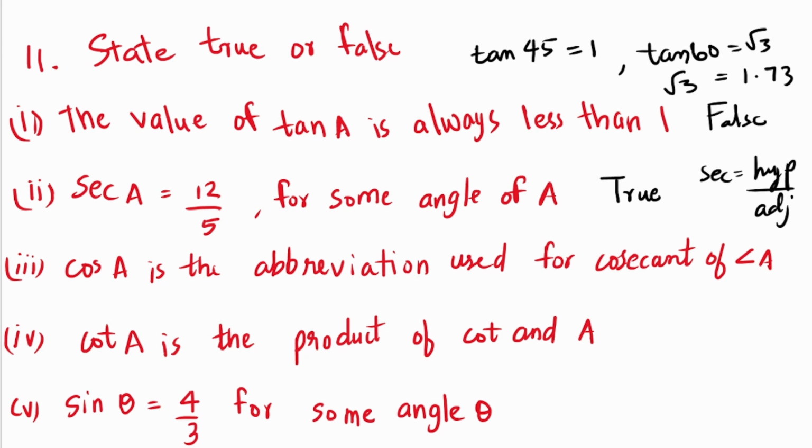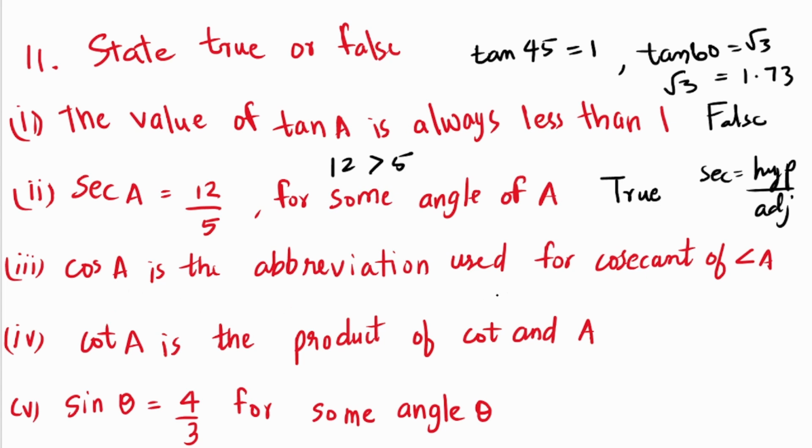So here 12 is greater than 5, so this has to be the hypotenuse. If it were given sec A equals 5 divided by 12, that would be wrong, because if 5 is the hypotenuse, then 5 should be greater than 12, and that is not possible. So since sec is hypotenuse by adjacent, and here it is given 12 by 5, and the hypotenuse is obviously greater than the adjacent side, it is true.